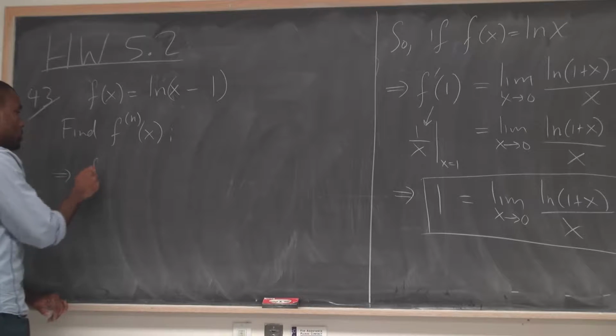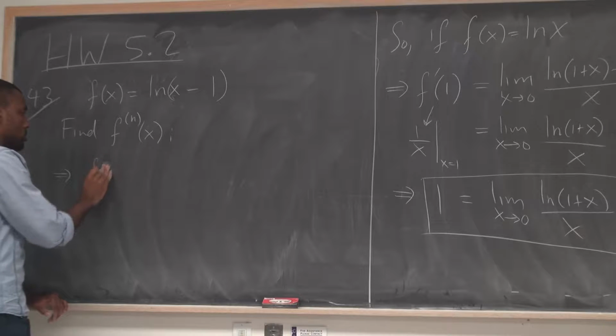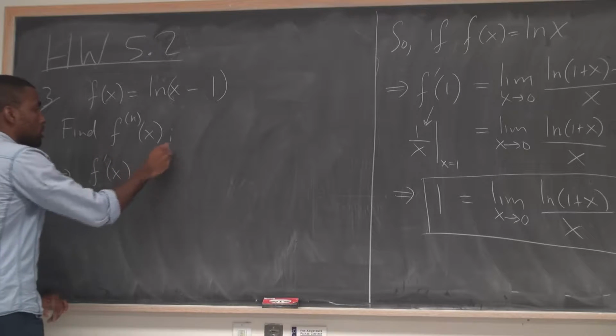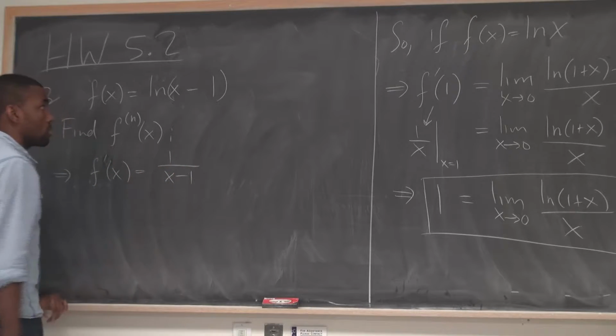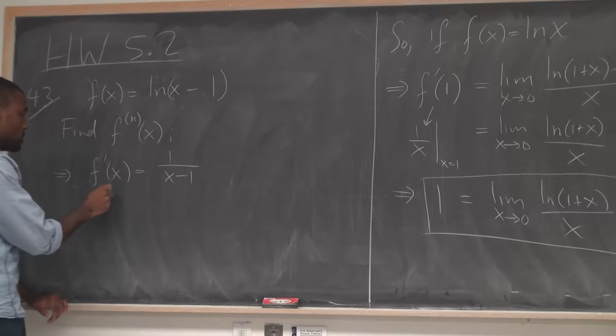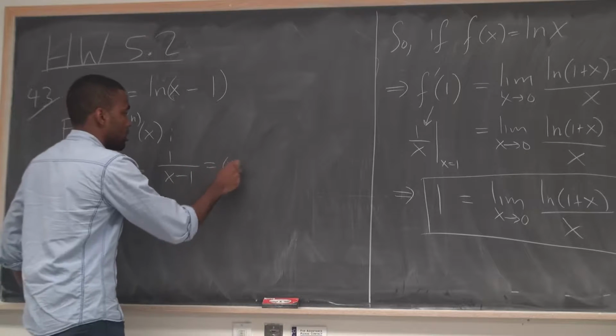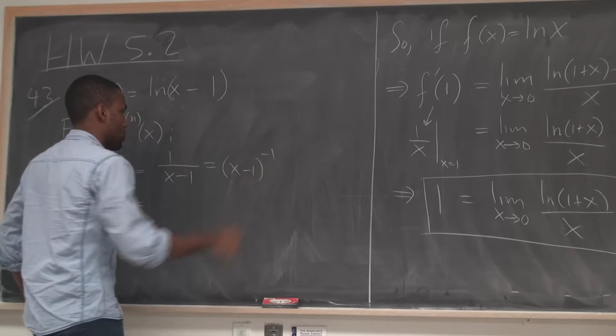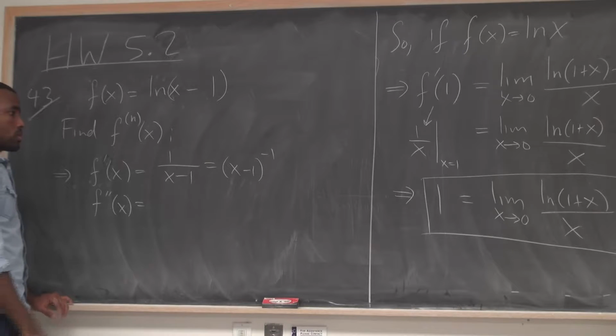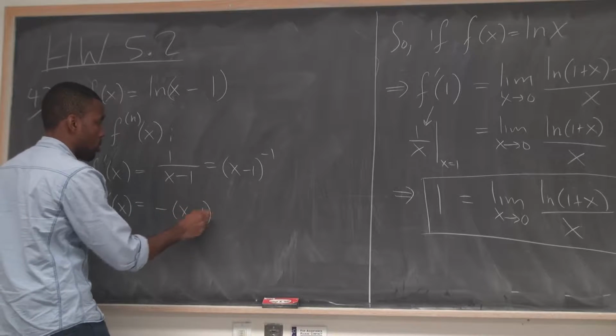So what is the first derivative? It's just 1 over x minus 1. And if you find the second derivative, what do you get? Which I can write as x minus 1 to the minus 1. Negative 1 over x minus 1 to the minus 2.